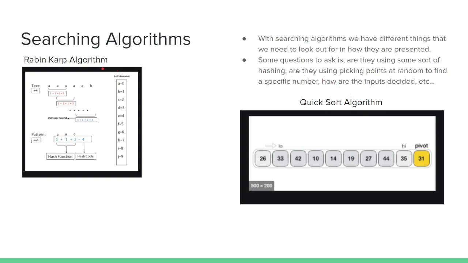For the Rabin-Karp algorithm, another group had explained it, where we're using the hash function. With the hash function, you're taking a set amount of characters. Let's say it's 3 in this case, because you have AAC, which gives you 1 plus 1 plus 2, which is equal to 4. That's the hash function plus the hash code. The hash code is what matters, because now what you're able to do is compare the hash code to whatever it is you're searching for.